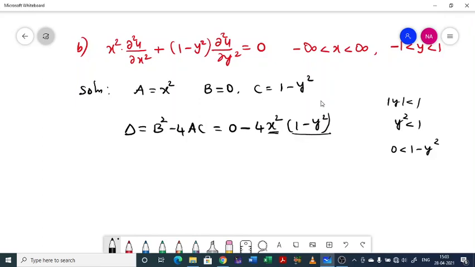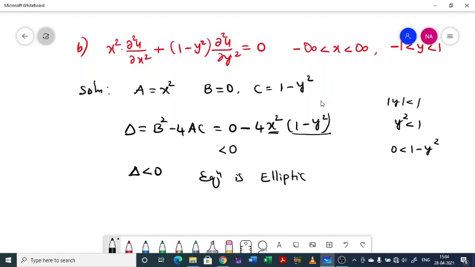So this is also positive, positive, positive. Totally it will be negative, since we have a negative sign here. So delta is negative, the equation is elliptic. Less than 0 means it is elliptic.